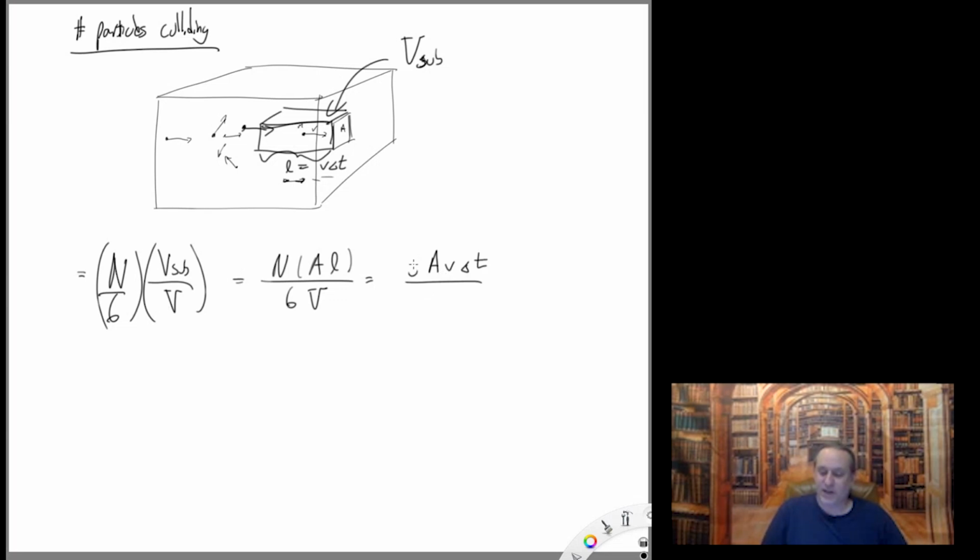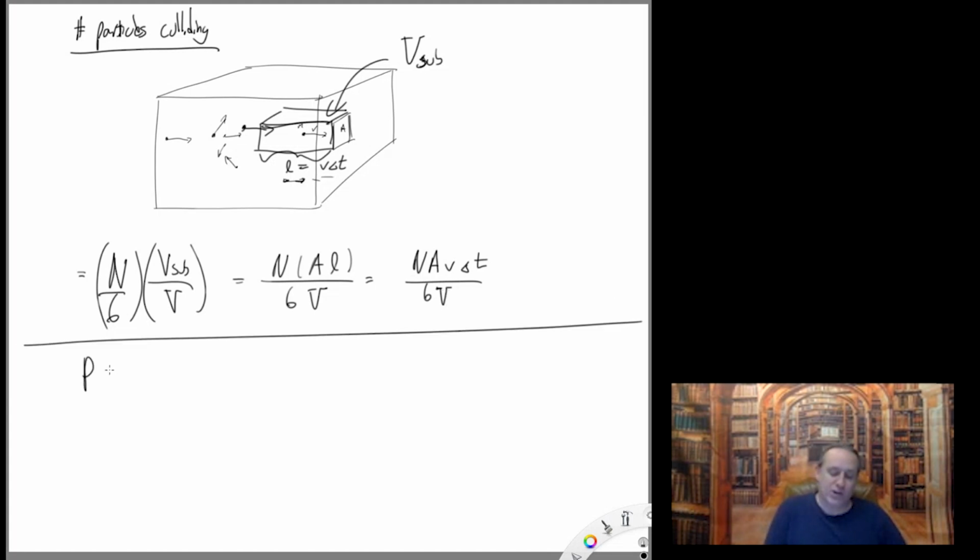So the number of particles is N times the area times little v times delta t over 6 times capital V. Notice there's a little v in this formula for velocity and a big V for volume. So I'm making my big V a bold Roman looking V so that I don't think those cancel. Those are different variables, the little v and the big V.